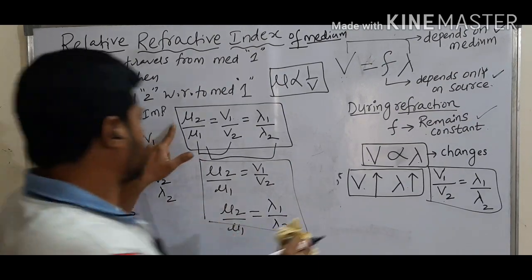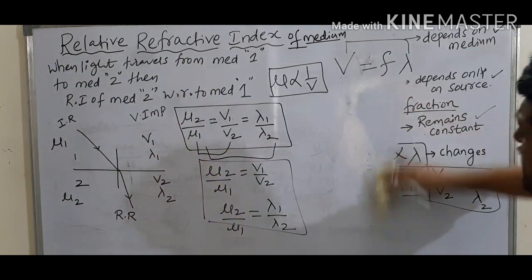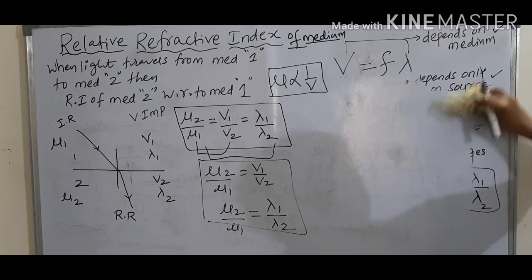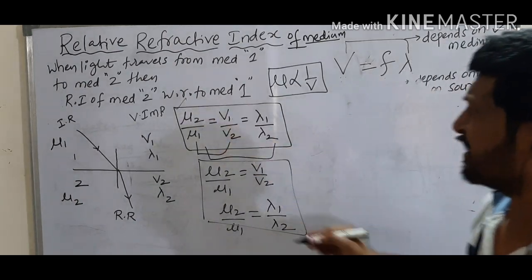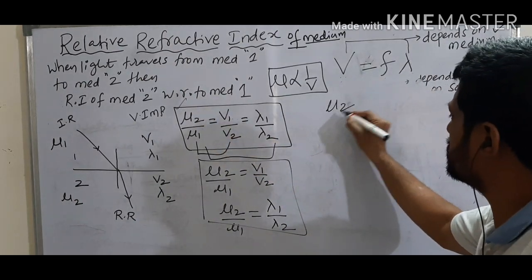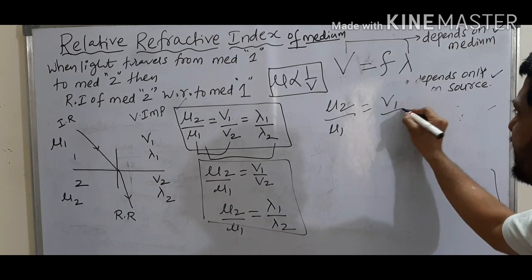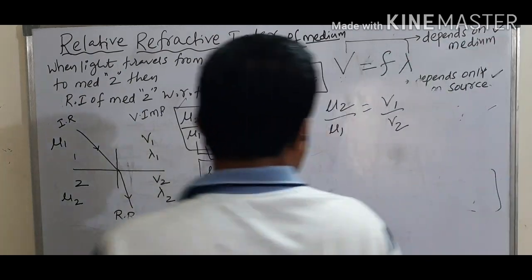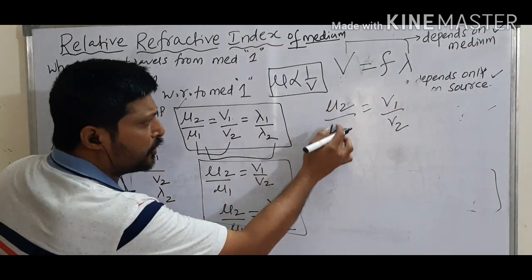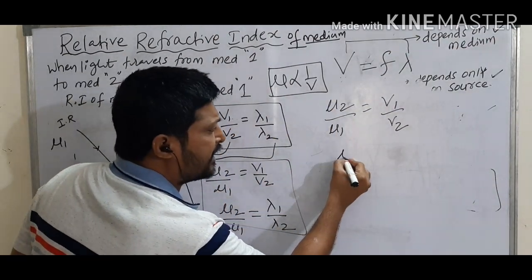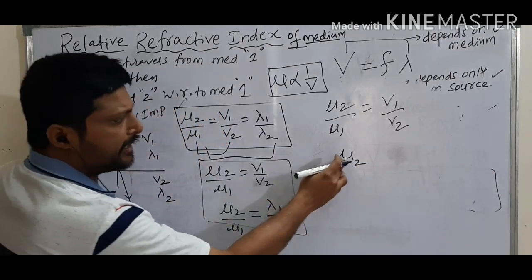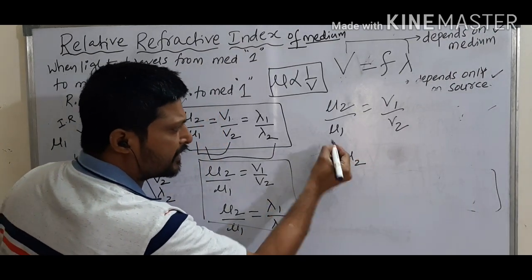Next, see this mu2 by mu1, which is equal to v1 by v2. We can write mu2 1 as the bending of light in medium 2 with respect to medium 1.